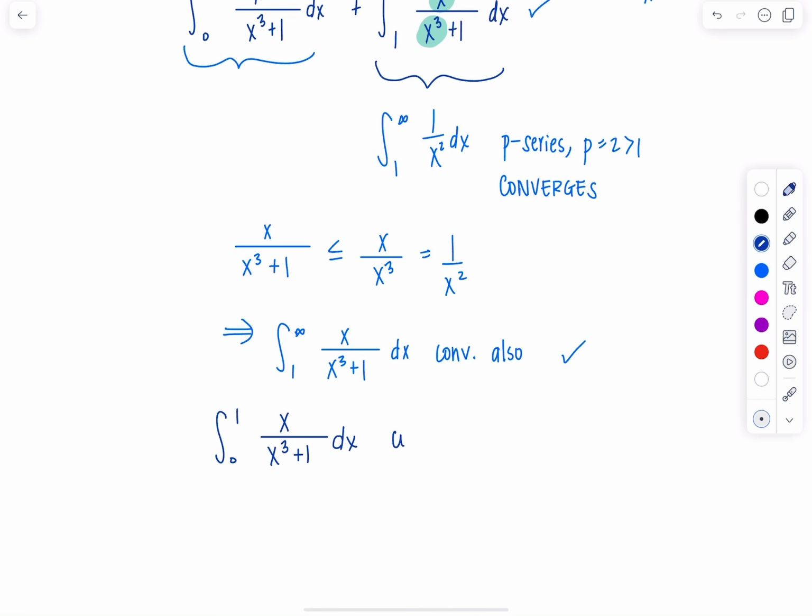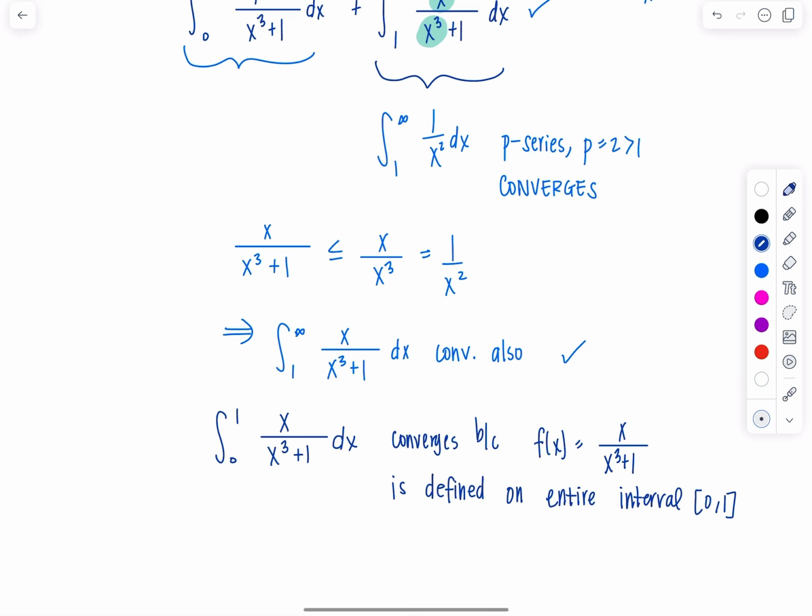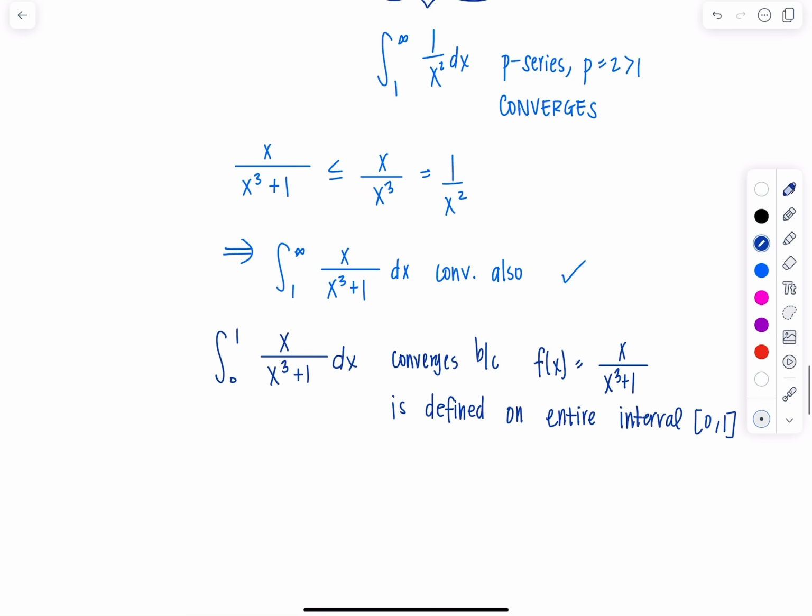I can say this converges, okay, because the function, I'll just call it f of x, which is x over x cubed plus 1, is defined on the entire interval, right, from 0 to 1. And so this integral represents some finite area. Okay, that's it.